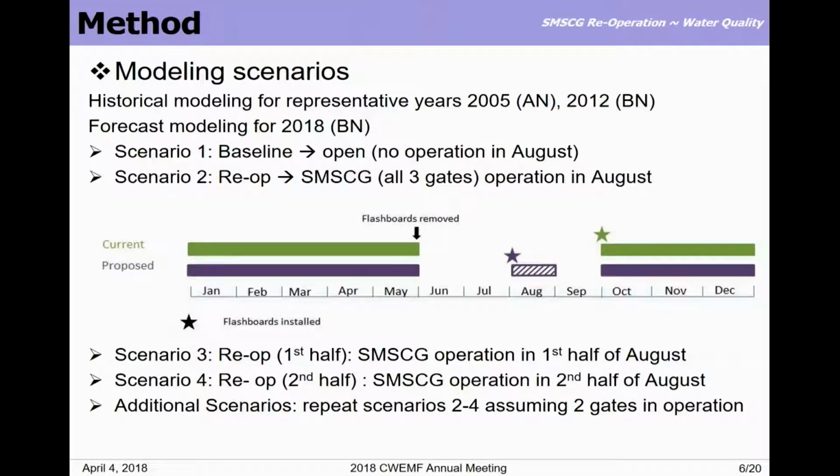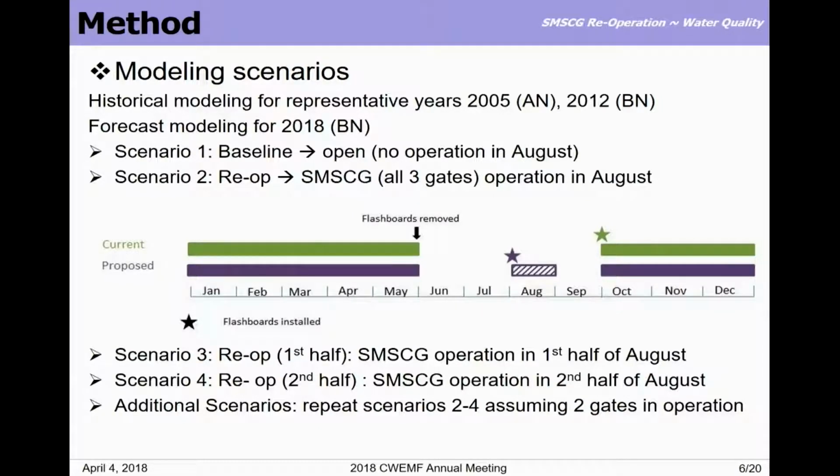This slide gives a brief about the scenarios we're going to run, for historical and for forecast. The base is definitely the normal operation, which means no operation, and the real operation is we're going to apply the same typical operation in winter to summer.